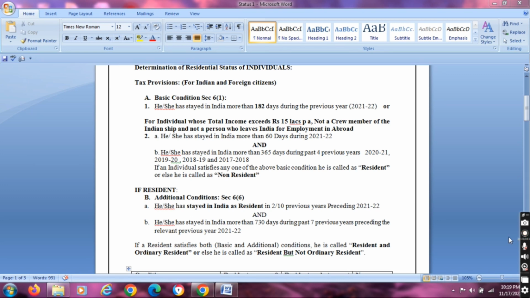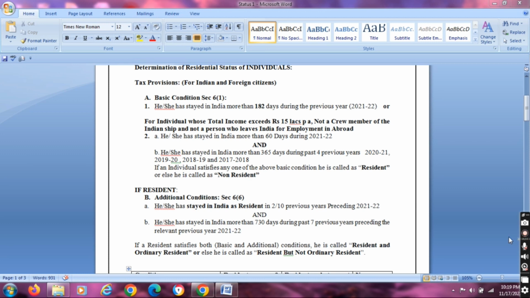The person who satisfies the basic condition is called a resident. He has to satisfy the additional conditions laid down under section 6 subsection 6.